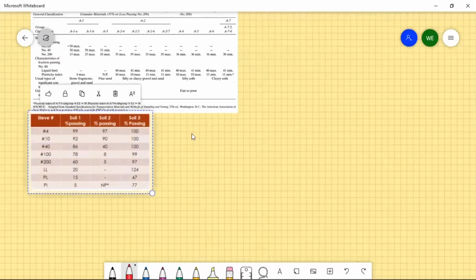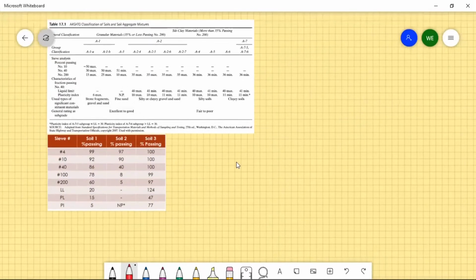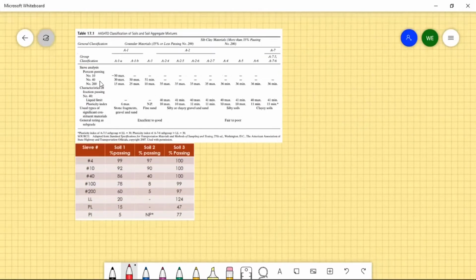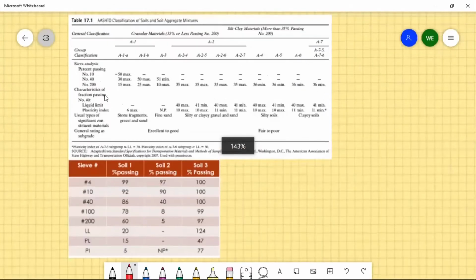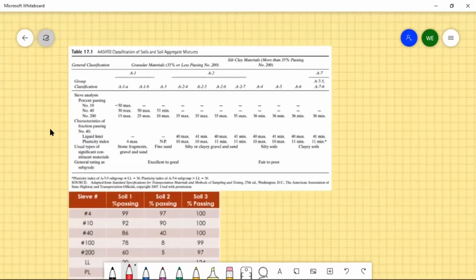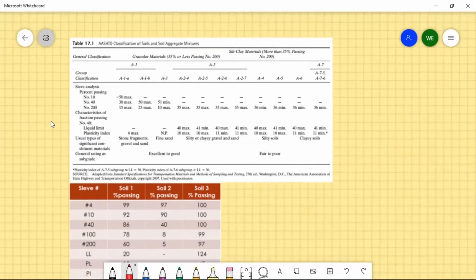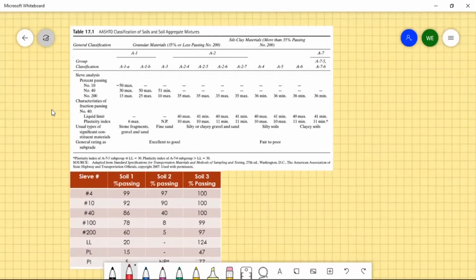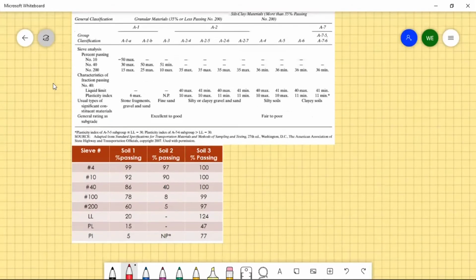For soil number 1, the first criterion that we look for is the percentage of soil passing sieve number 200.